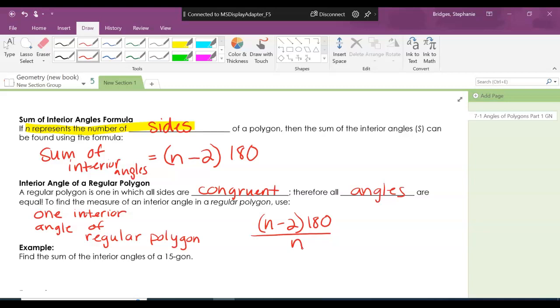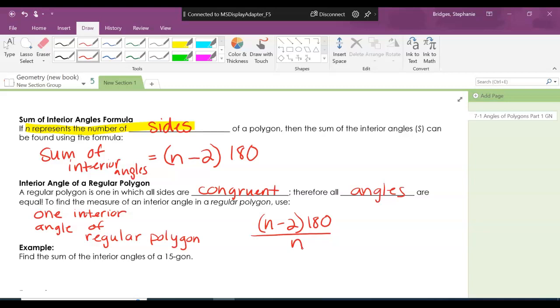If I have a pentagon, how many sides? 5. So how many angles? However many sides you have, that's how many angles you have as well. So to find one of them, I would find out what they all are together, and then divide it by how many I have, which is the same as the number of sides.